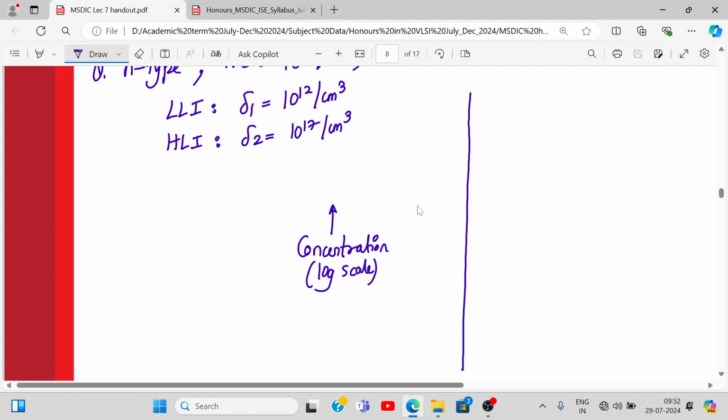First of all, I will plot my intrinsic carrier concentration, somewhere around here, which is ni, approximately equal to 10 raised to 10 per centimeter cube. You know what is ni, right? Intrinsic carrier concentration.